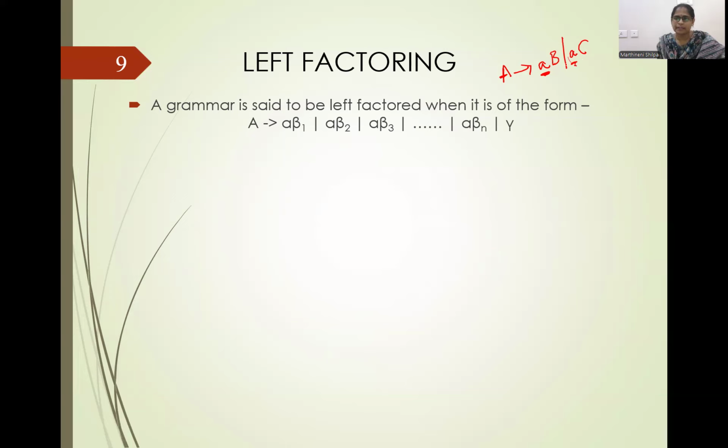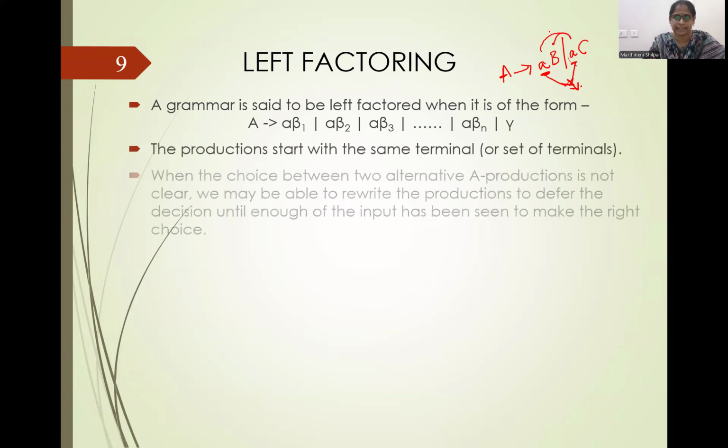If in any given input string it is going to be derived from that terminal A, there is no clarity in choosing which production rule is to be chosen. Either by choosing AB or AC, the string is going to be derived. It is not clear. That means it is not deterministic in nature.